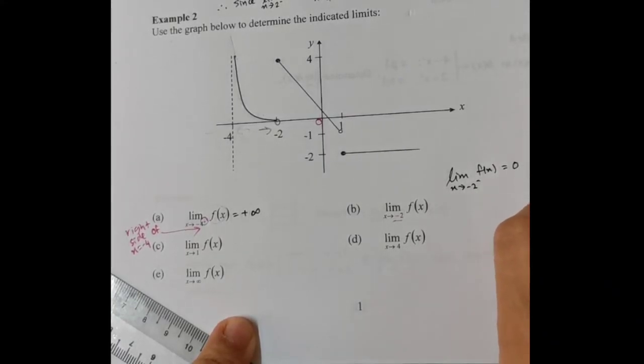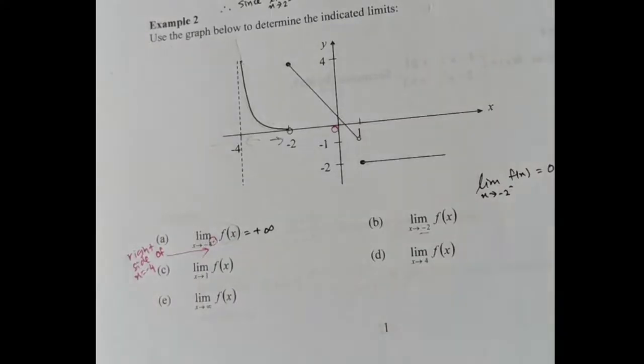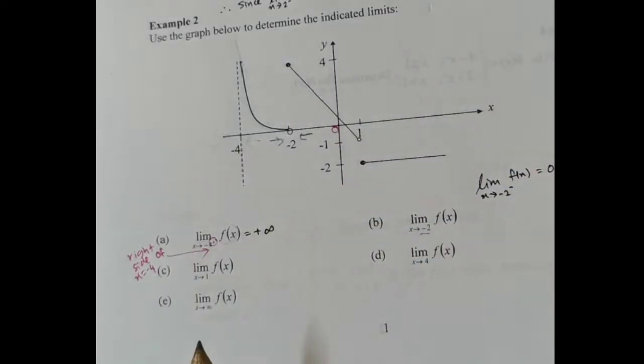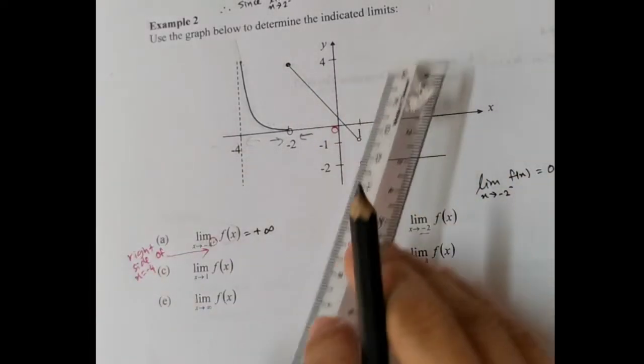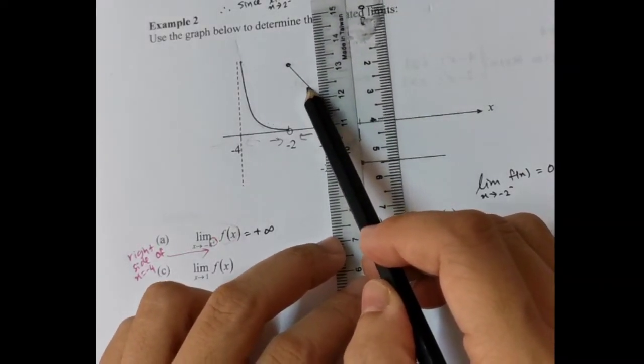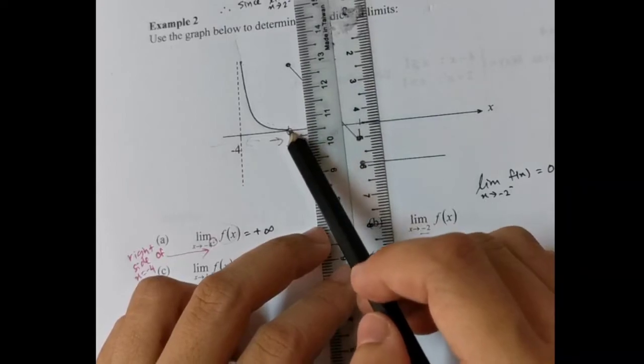And then we take a look at the right-hand side of -2. Focus on the graph from the right side of -2. So this is the graph from the right side of -2.